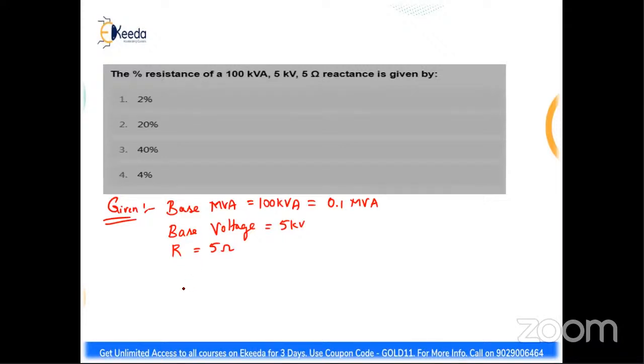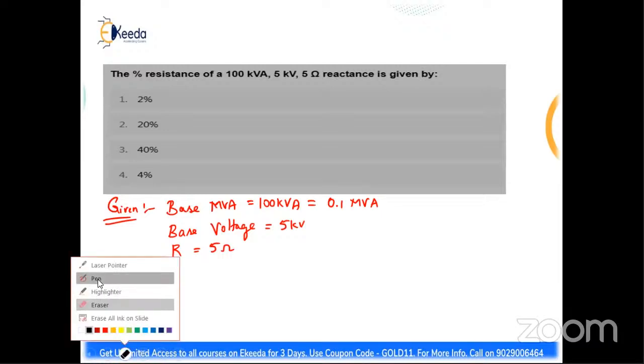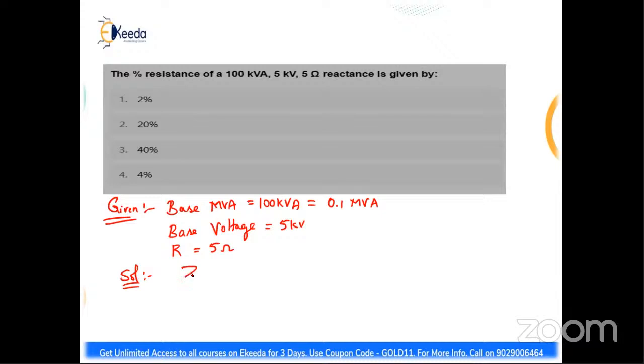So let us apply the formula. Solution: Z pu new is equal to Z pu old into MVA base divided by kV base square.